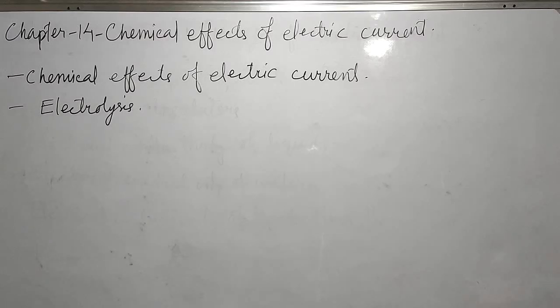Now when electric current is allowed to pass through, various types of chemical effects can be produced. So what are they? Let us see. The first one is when electric current is allowed to pass through the substance, there will be decomposition of the substance into its constituent particles.